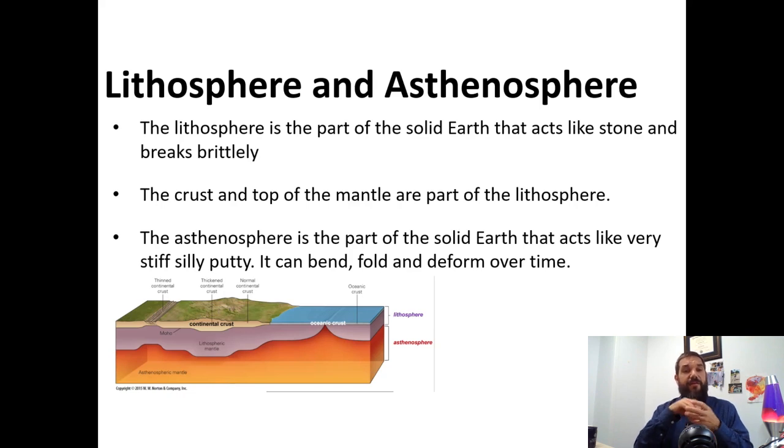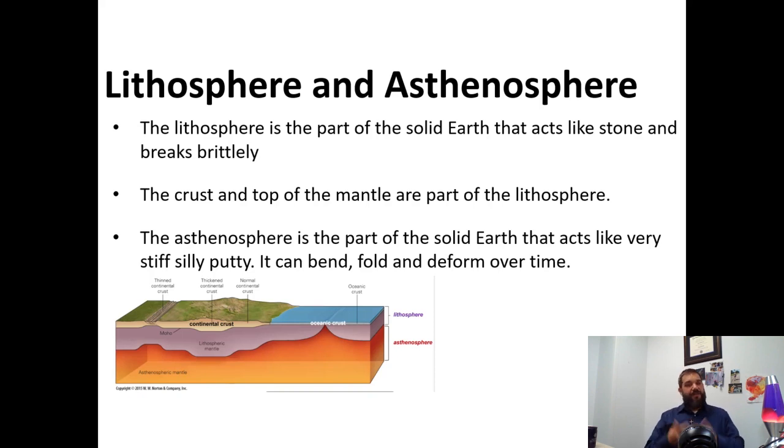And instead of cracking and crumbling and breaking like a cookie, like we're used to with rocks, it actually can deform, bend, fold, convect, and do all those things. Maybe think more of cookie dough. So if the lithosphere is the cookie, the asthenosphere below it is the cookie dough. So cookie dough, you know, you can mold it, bend it, shape it. It's a plastic material rather than an elastic material.